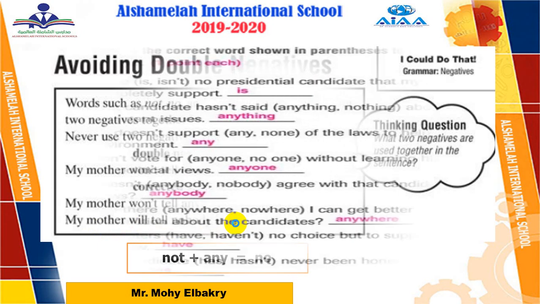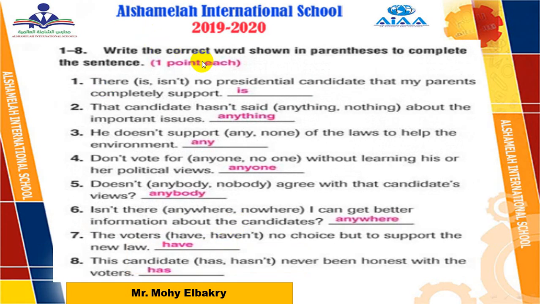Okay, let's answer. Write the correct word shown in parentheses to complete the sentence. Okay, choose. Number one, there is or isn't no presidential candidate. So here is and isn't. In order to know how to answer, look perfectly. Here we have no. If you have no, so we use positive verb.